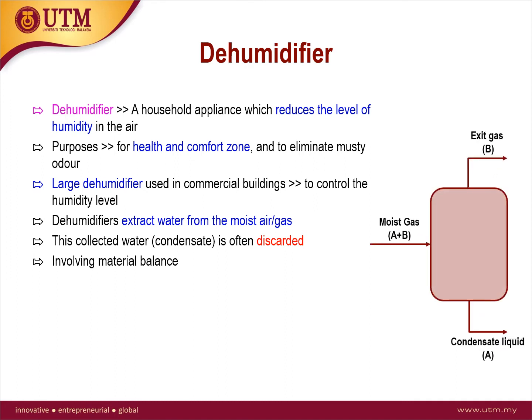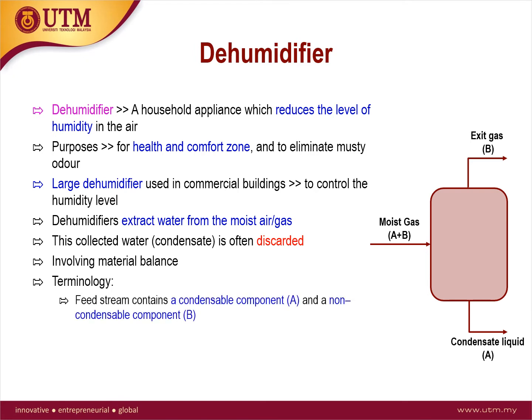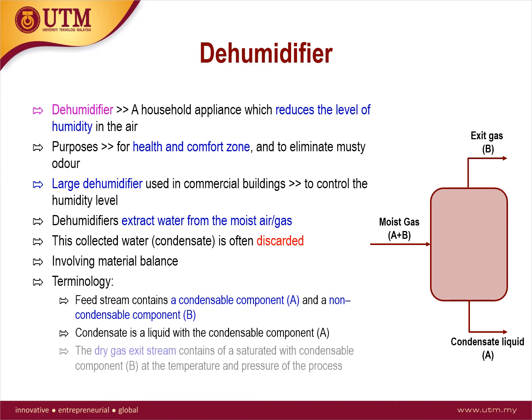The schematic diagram of the dehumidifier is shown here. As a terminology, the feed stream contains condensable components, which is A, and non-condensable components, which is B. The condensate is a liquid with the condensable component, which is A. From the moist gas, only A is the component that will be condensed throughout the process to form the condensate liquid, while B is a non-condensable component that is removed from the dehumidifier as an exit gas.